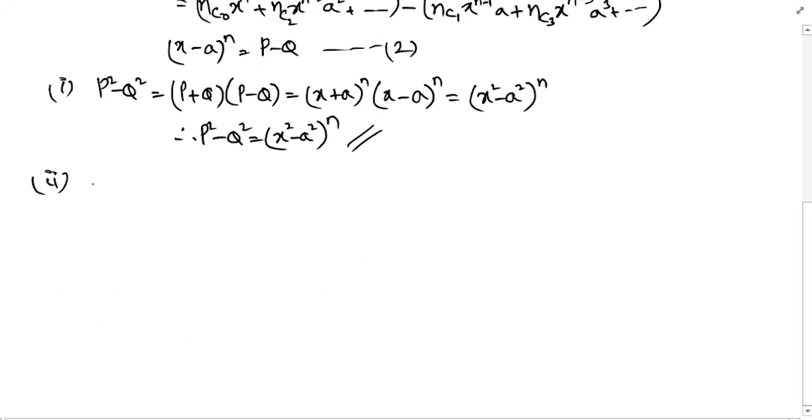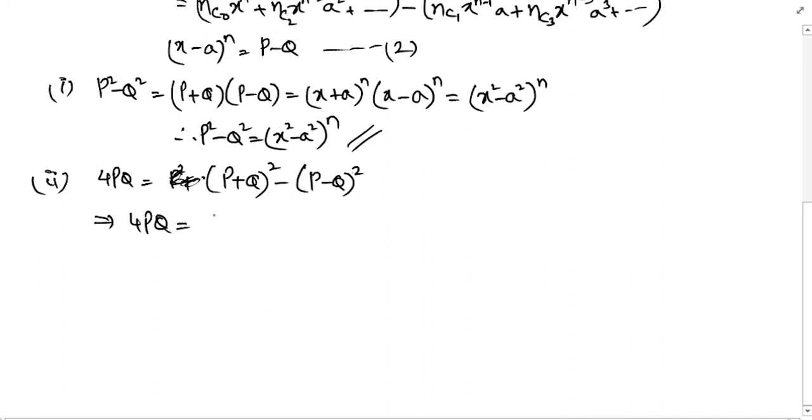Now the second bit. The second bit is 4pq. We can write this as (p + q)² − (p − q)², right? So that implies 4pq is equal to ((x + a)^n)² − ((x − a)^n)².